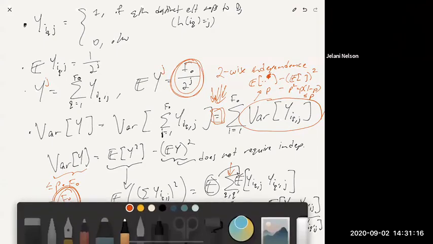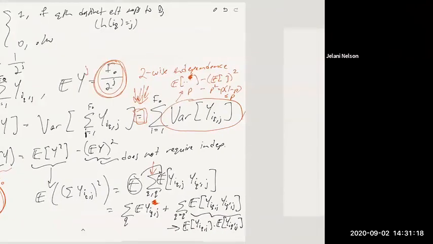And now we can do Chebyshev. What's the probability that the number of distinct elements at level j minus f0 over 2 to the j deviates by more than c times the square root of f0 over 2 to the j?